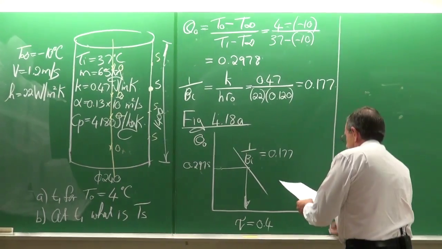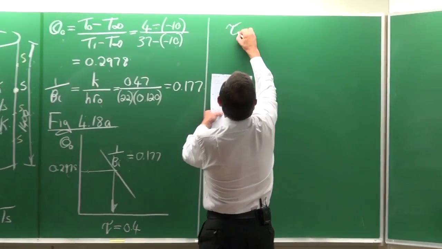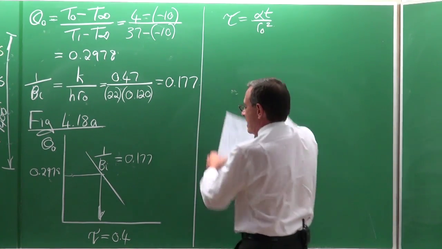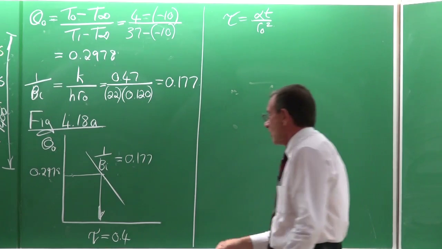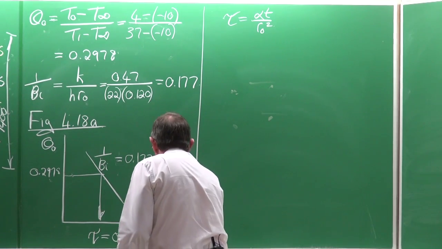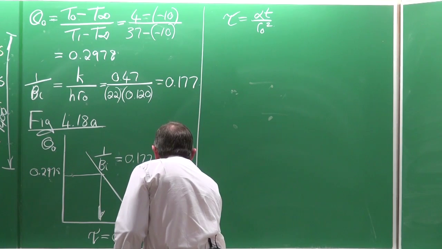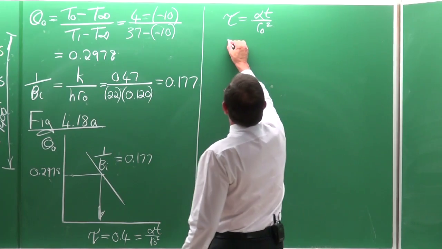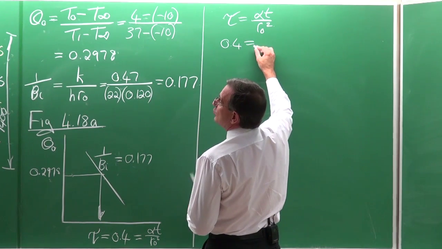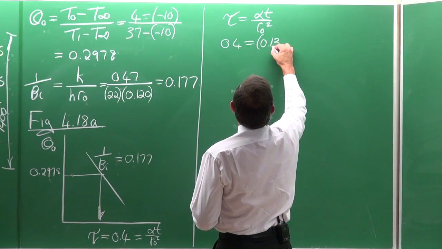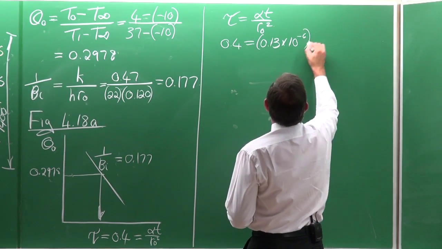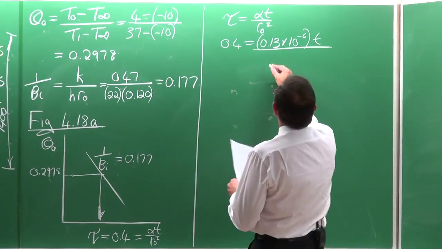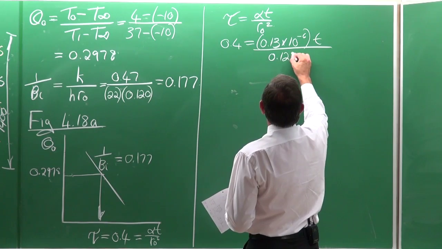Now that we've got tau, remember tau is equal to alpha t divided by R0 squared. Where do I get it? Well, it is on this axis. They give it to us. So tau is equal to 0.4, is equal to alpha, which is 0.13 multiplied by 10 to the minus 6, multiplied by t, that is what we want to solve, divided by the radius squared.